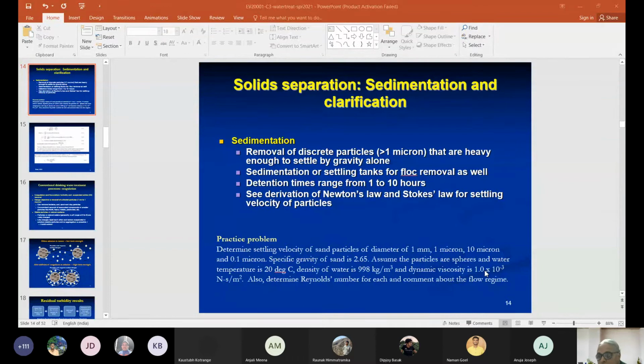And Adrija, 10 to the power minus 21 for Reynolds number should be your diameter, so that should be 10 to the power minus 8 in your case.